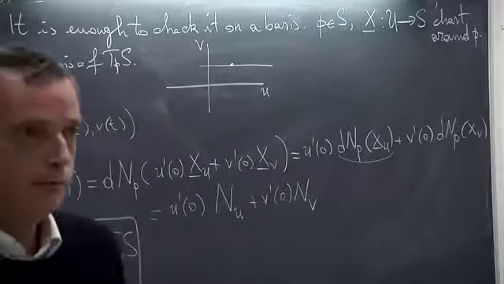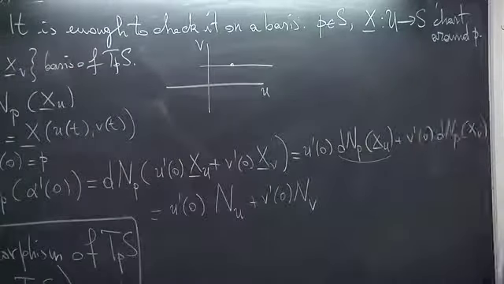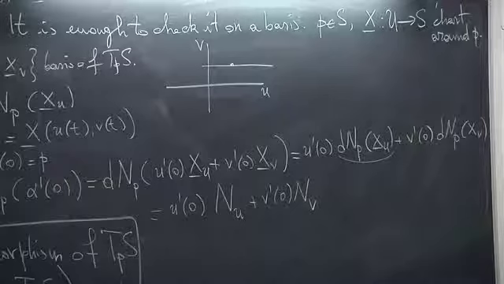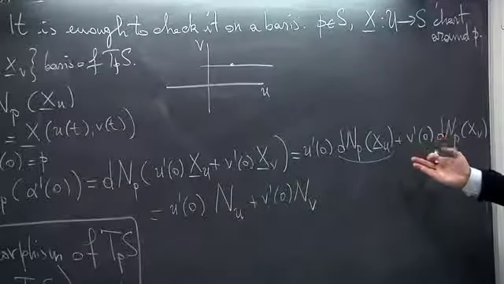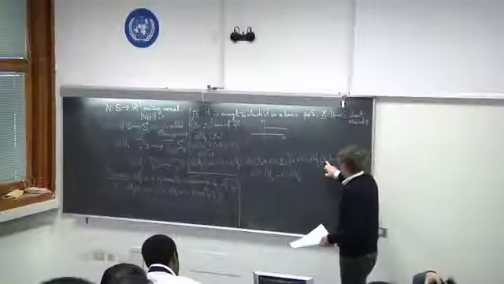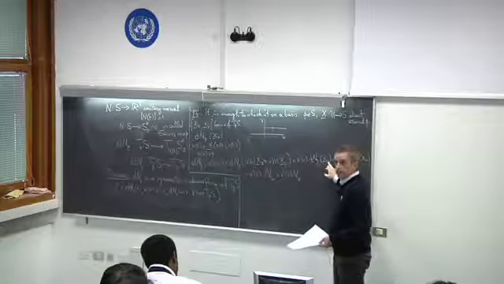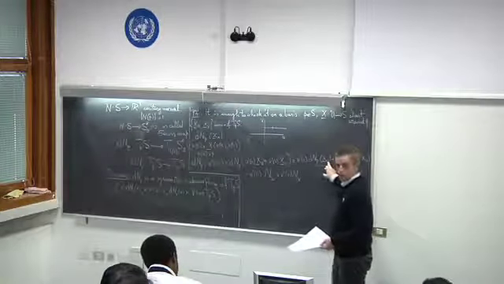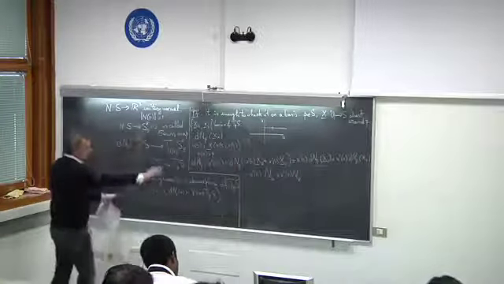Okay? Well, convince yourself. This is automatic by the definition of the differential and by the definition of the partial derivative in one direction. So this object here becomes automatically the partial derivative of the map in the direction that you are using here. Okay? Now, so this is the general picture.